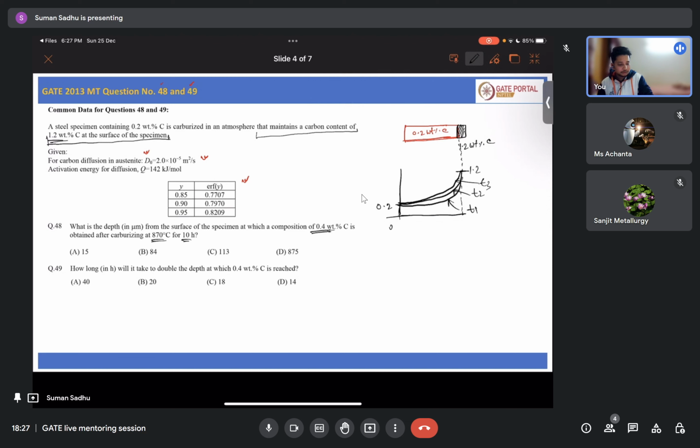Here it will always maintain 1.2, and at a very infinite distance from your interface, the concentration will be the average composition of your specimen, that is 0.28% carbon. And this is the direction of x.